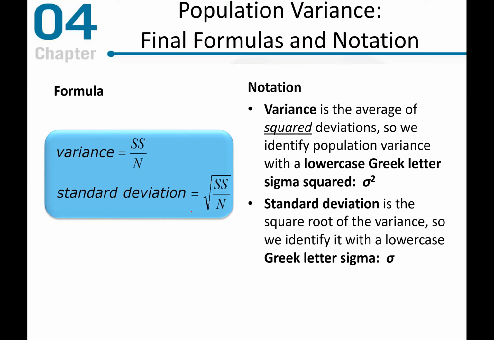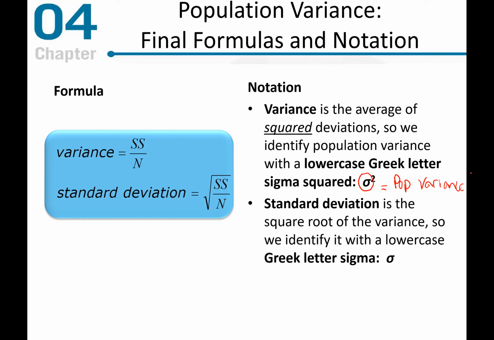So we're going to identify the population variance with a lowercase Greek letter sigma, right? We've been using the uppercase sigma, but the lowercase sigma looks like this little thing right here. So sigma squared equals the population variance.